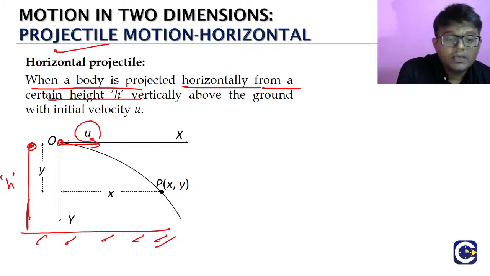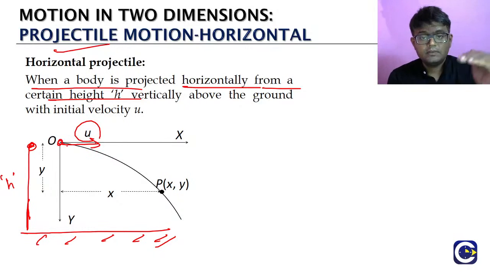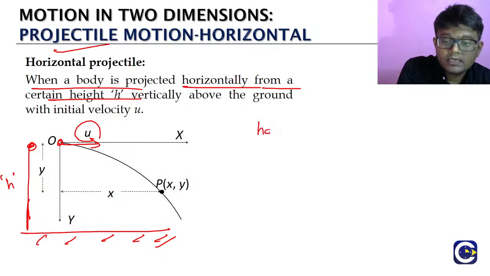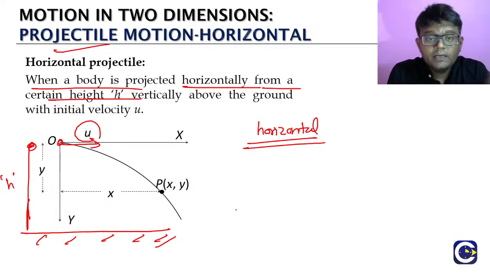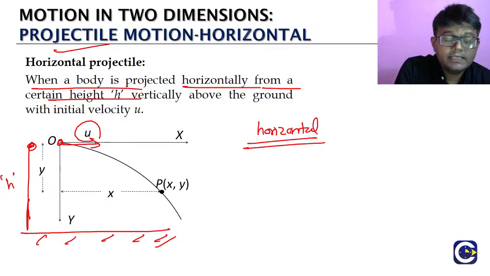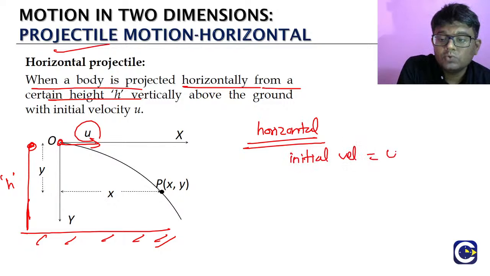Now what is going to be the motion of the projectile? Think about it. It is given a horizontal velocity, so we are going to use the principle of independent motion. In the horizontal direction, what is the initial velocity? It is u. What is the acceleration?